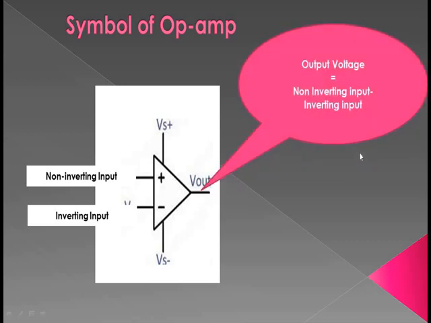It gives the output voltage equal to non-inverting input voltage minus inverting input voltage. So it gives the difference of the input voltage.